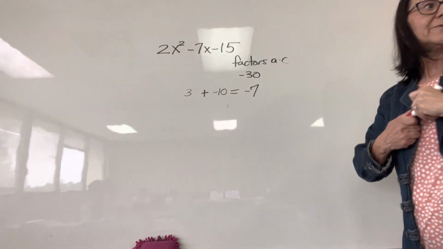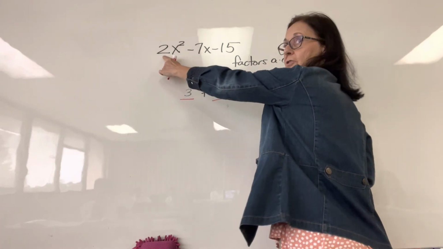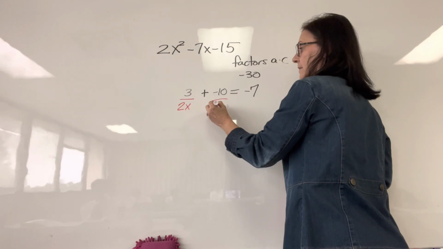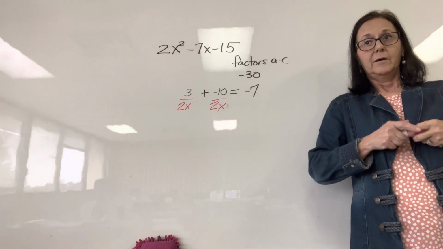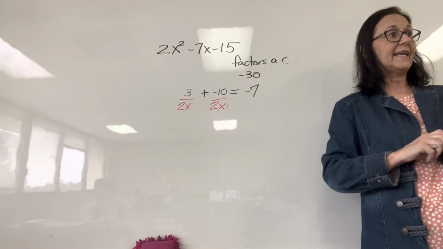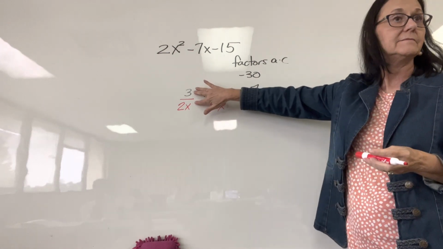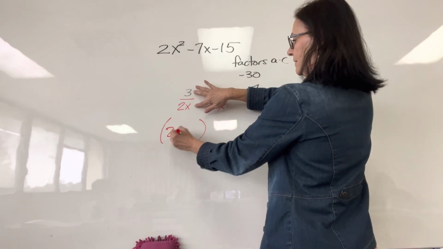Then what do I do? I write these over the lead coefficient with an X. I simplify the numbers when I can. All right, can I simplify this? No. So what is my factor? 2x plus 3. That's correct.